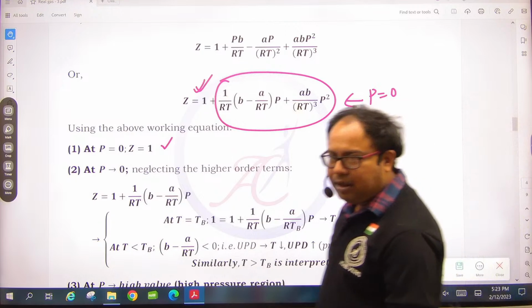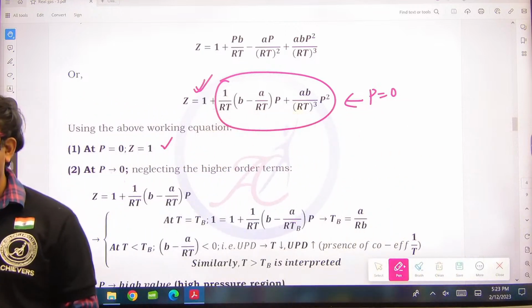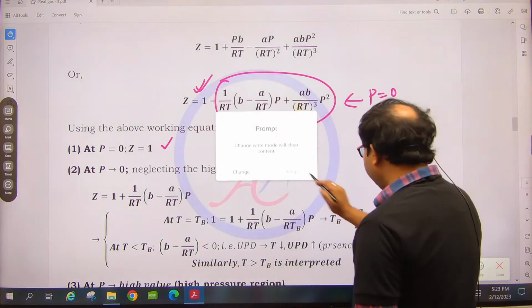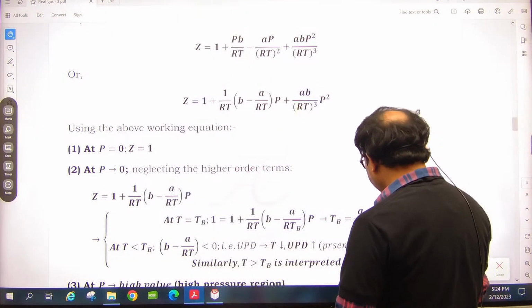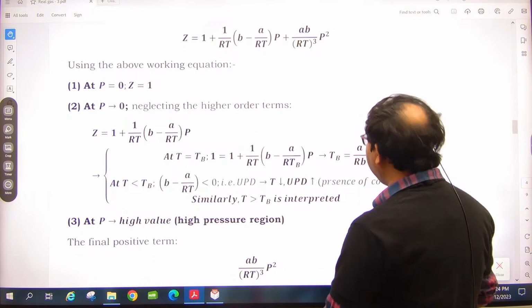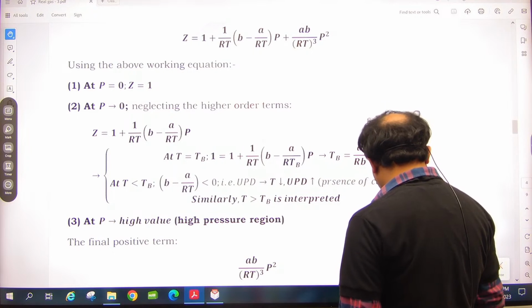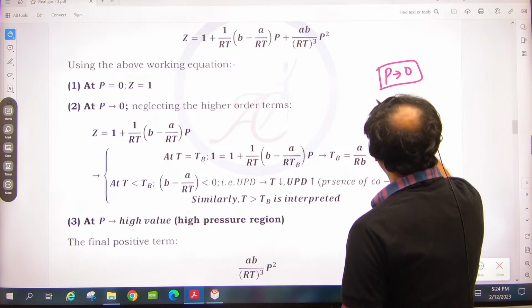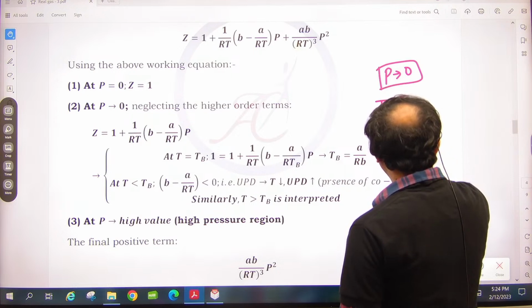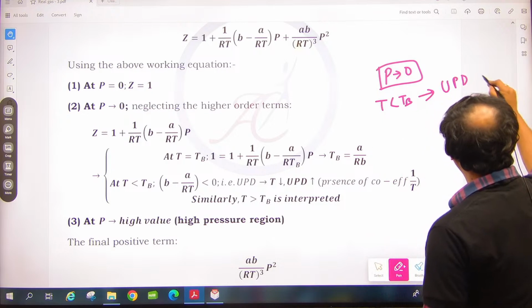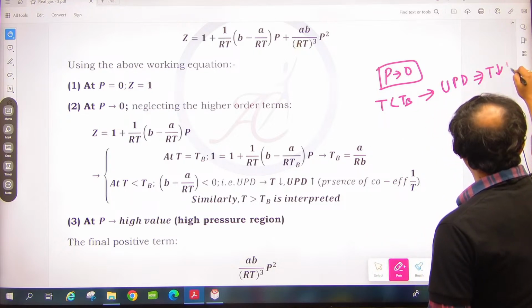Now, P tending to 0. Remember, at P tending to 0, what were our observations? If you remember, we found that if T is less than TB, then you have UPD, and if T is lowered, UPD increases.